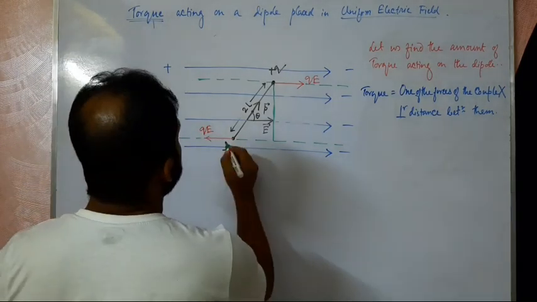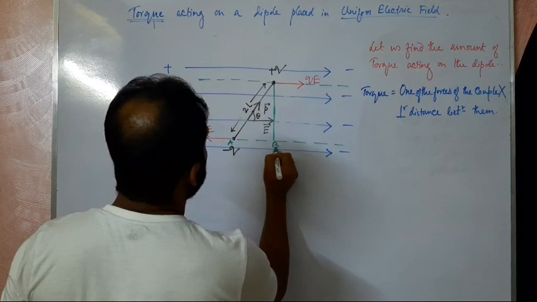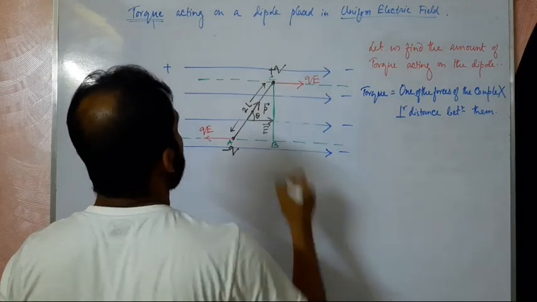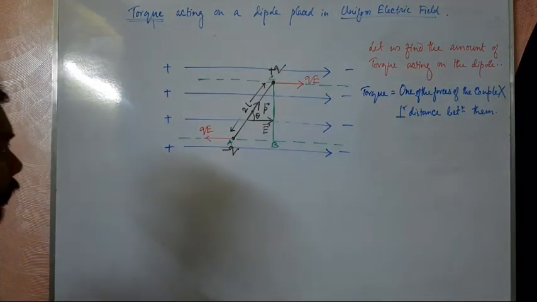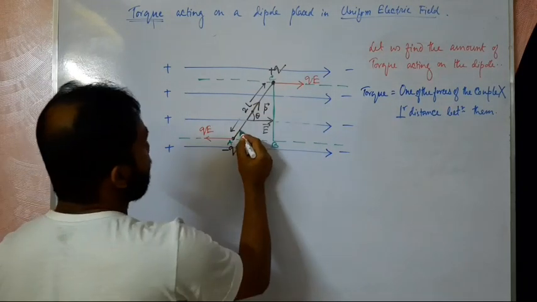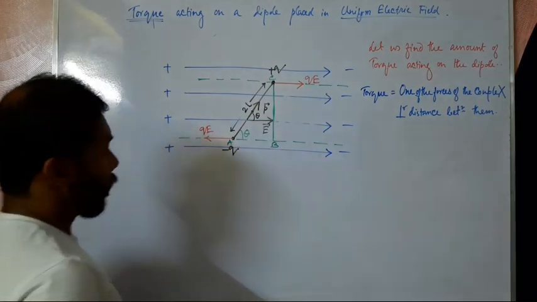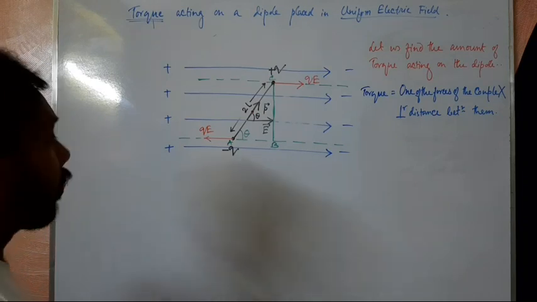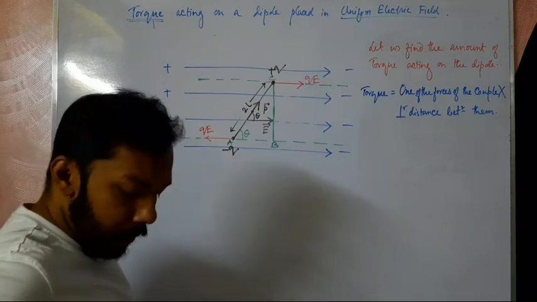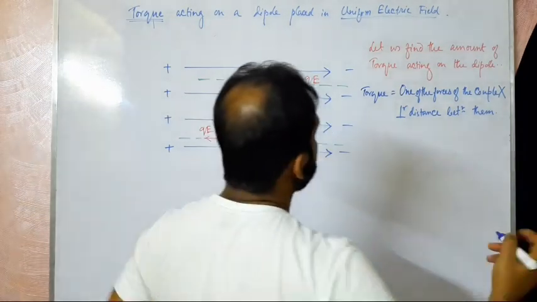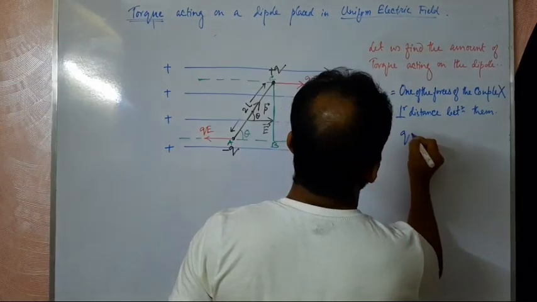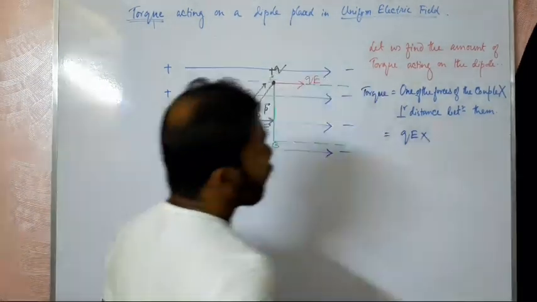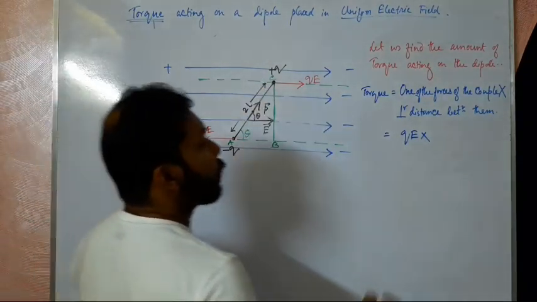So let us name it, say A, B, C is a triangle. If this angle is theta, then this angle is also theta, and hence one of the forces of the dipole, what is one of the forces of the dipole? That is QE. QE multiplied by perpendicular distance means BC.